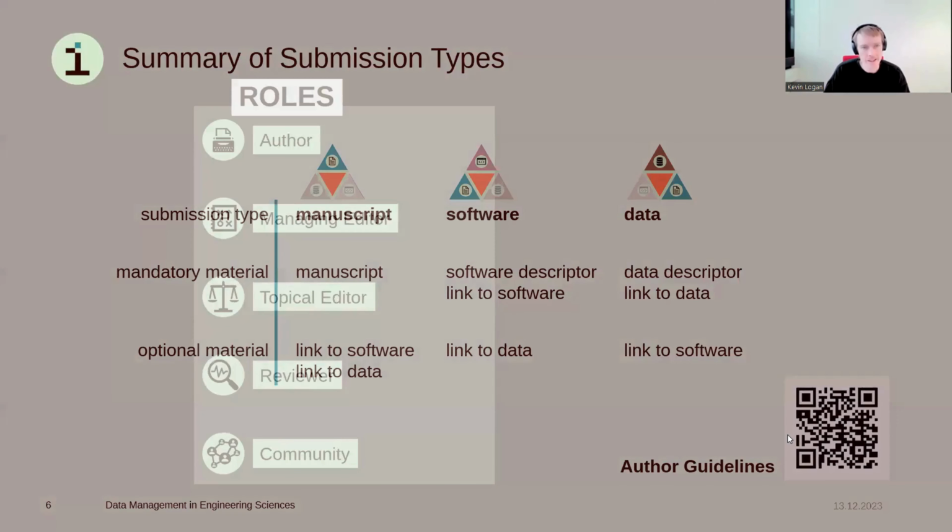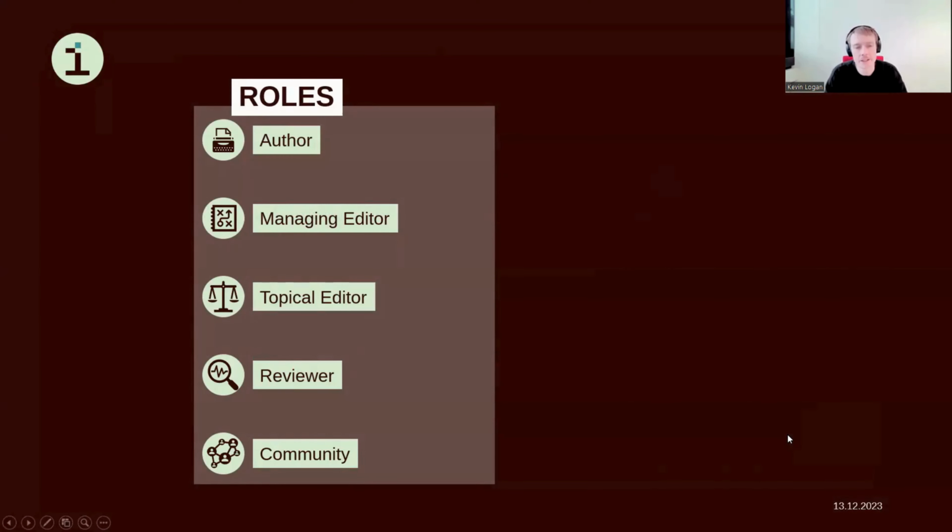And then I want to proceed to the actual review process. We have several different roles during the review process. We have authors, that's you, if you're interested authors, and managing editors, that's Isadora, Michaela, and myself. All of us have different tasks within this review process.